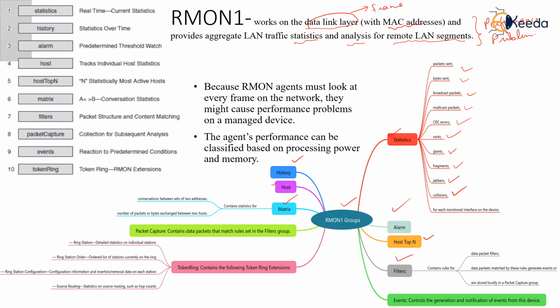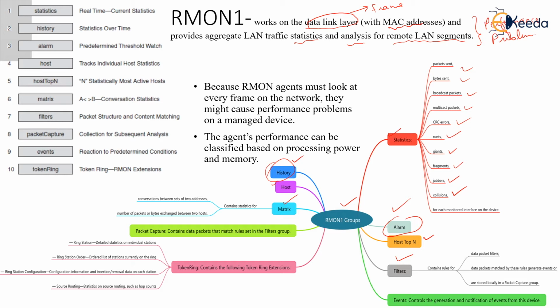History is used to store periodic statistical samples for later retrieval. Now come to alarm. Alarm is used to set a specific threshold for a managed object and to trigger an event on crossing the threshold. This requires an event group.